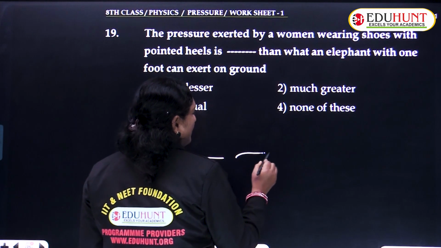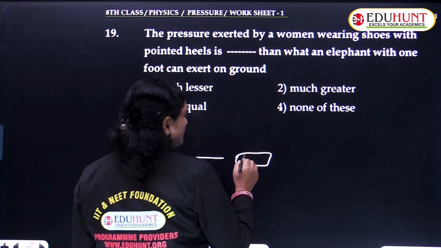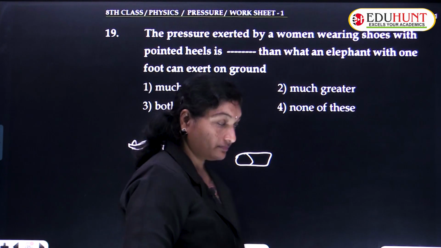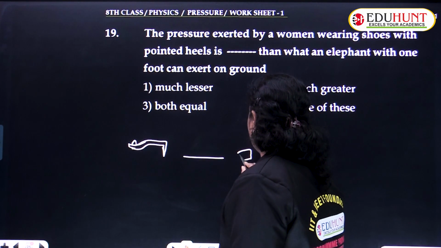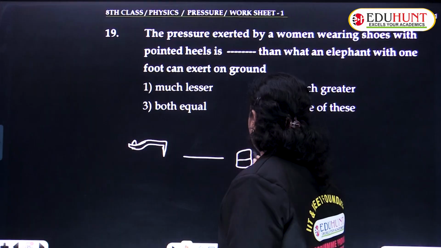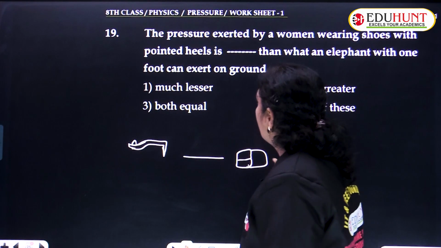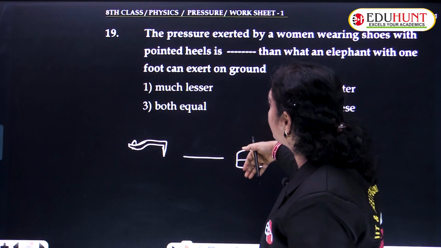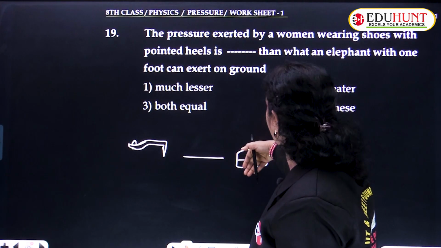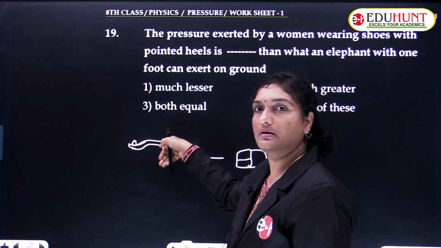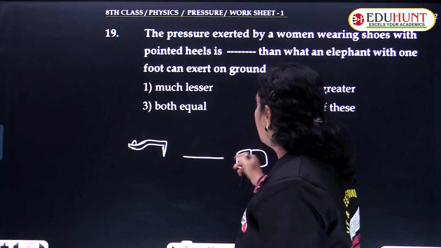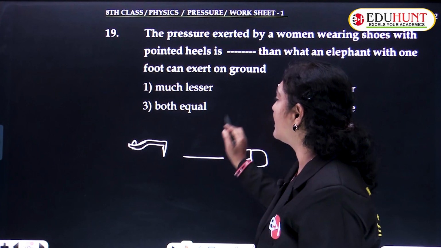So the elephant leg you have to consider something like this. This elephant exerts some pressure on the ground. This woman also exerts some pressure on the ground with a pointed heel. So which is having a larger pressure?